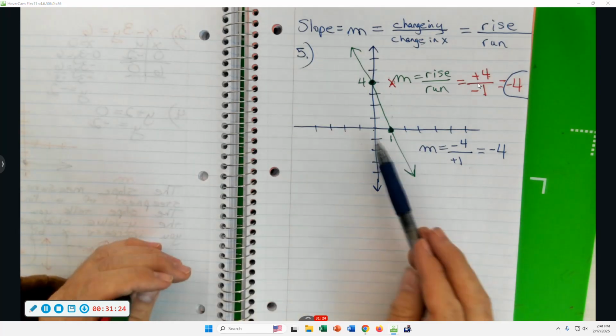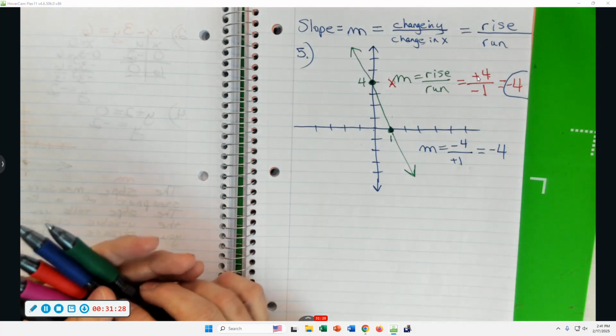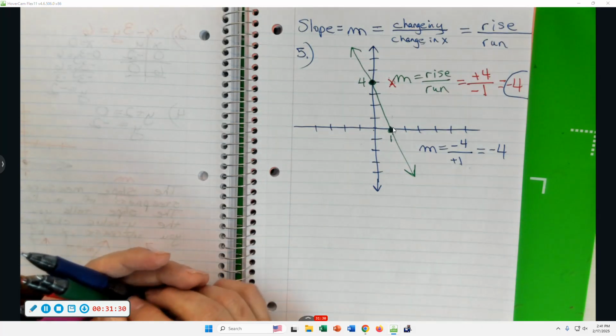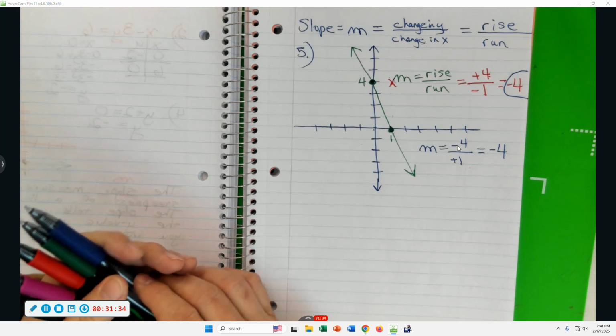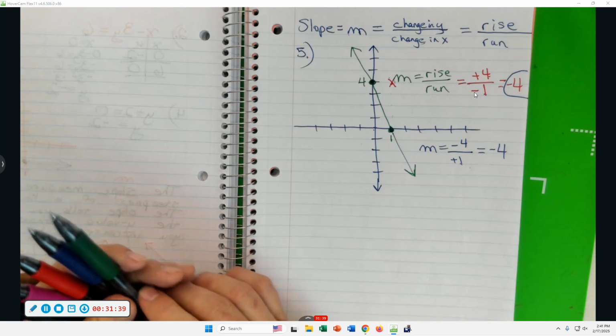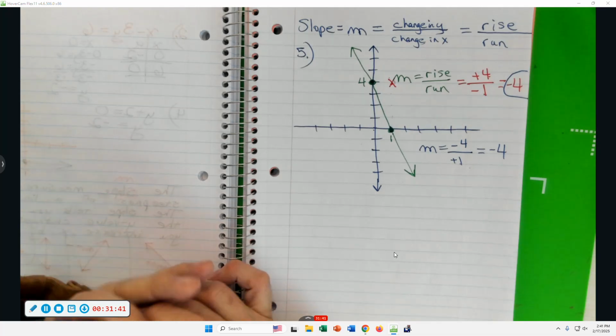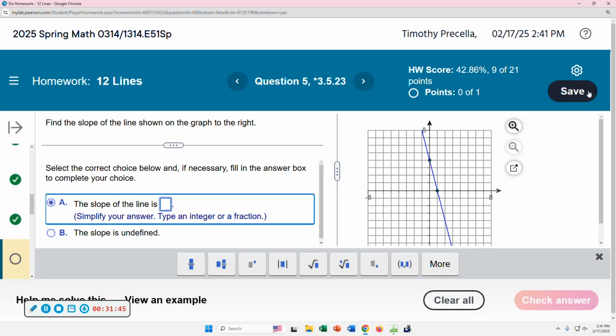I generally start at the bottom point and work my way to the top point if it's a slanted line. Up is positive, down is negative, right is positive, left is negative. Any questions there? Oh, let me punch in the answer. -4.